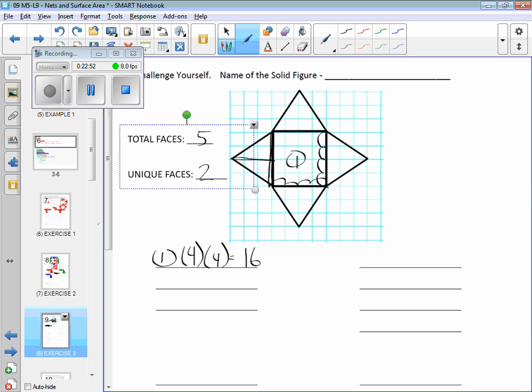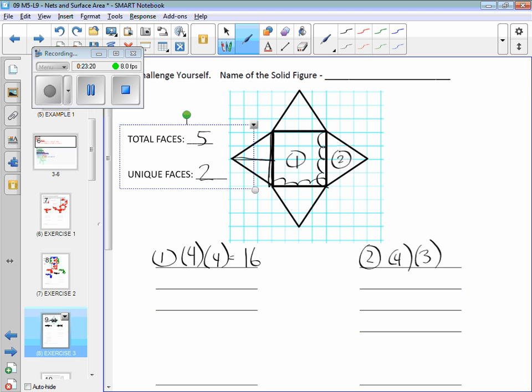All right, my triangles, which I'll call unique shape 2. Dan, base and height of my triangle? 4 by how much? 4 by 3. Does anybody need me to explain how we got 4 by 3?